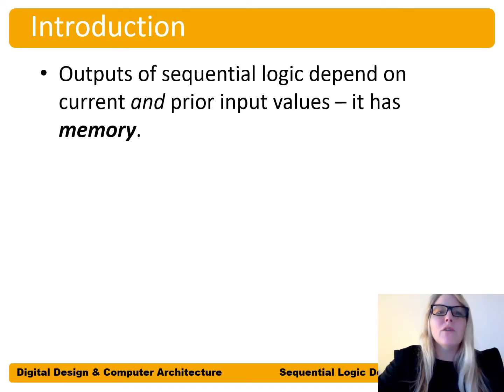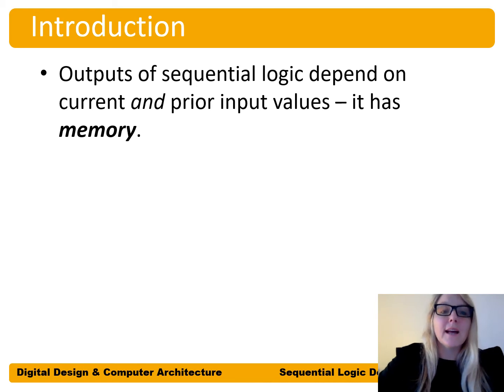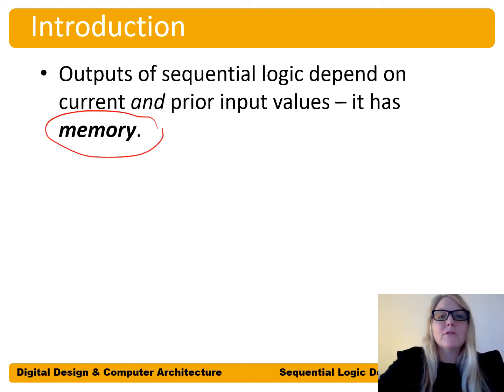Sequential circuits have outputs that depend on not only the current inputs, but also the prior inputs, so the values of the prior inputs. And so in this way, a sequential circuit has memory because it doesn't just use the current inputs, but it remembers what the prior inputs were.